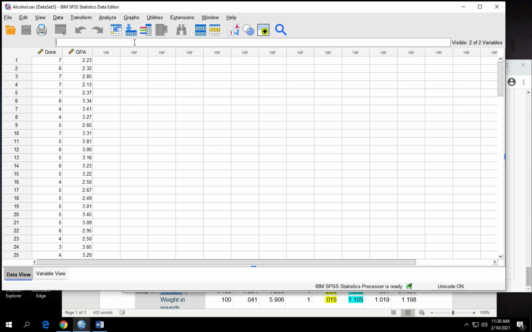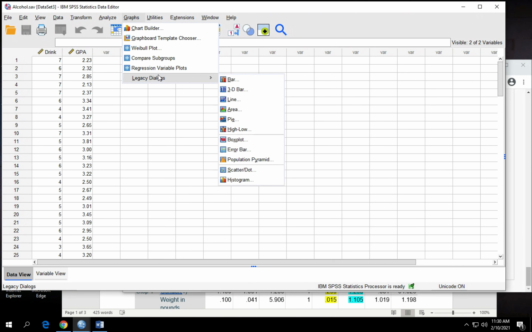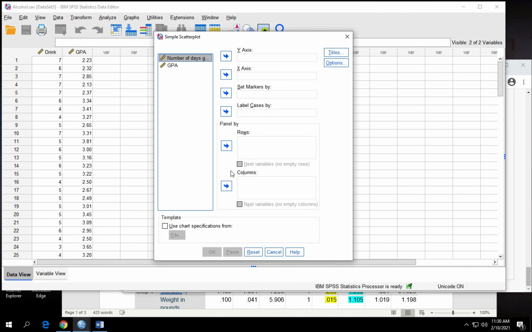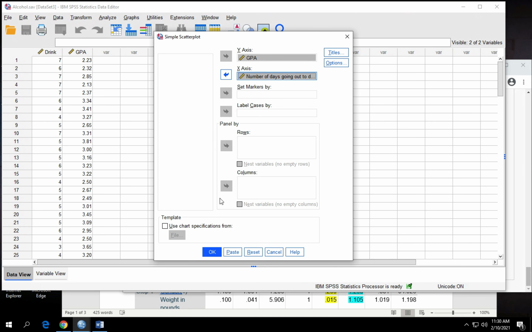So our first step is to create a scatter plot so we can visualize our data. We're going to go into Graph, and then down into Scatter, Simple, and then we're going to put our independent in the X and our dependent in the Y. We want to predict our GPA, so we'll put that in Y, and then we'll hit OK.